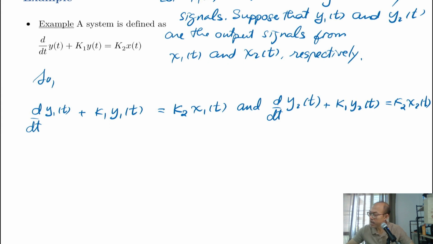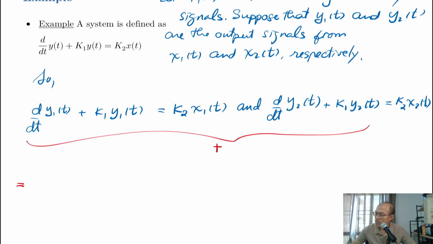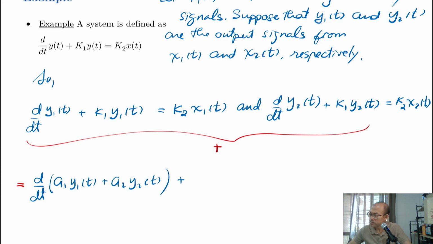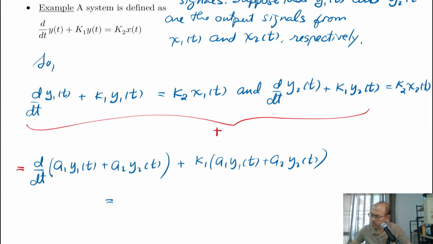Now, if we add these two together, the result would be d/dt of alpha a1 y1(t) plus a2 y2(t), plus k1 times a1 y1(t) plus a2 y2(t), is equal to k2 a1 x1 plus k2 a2 x2.